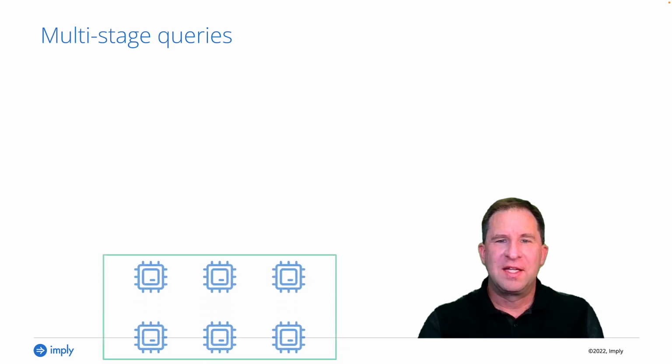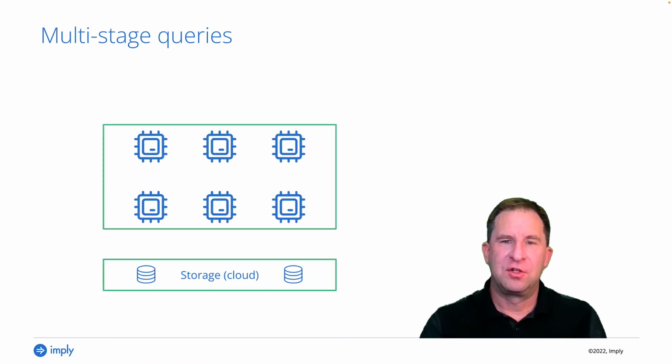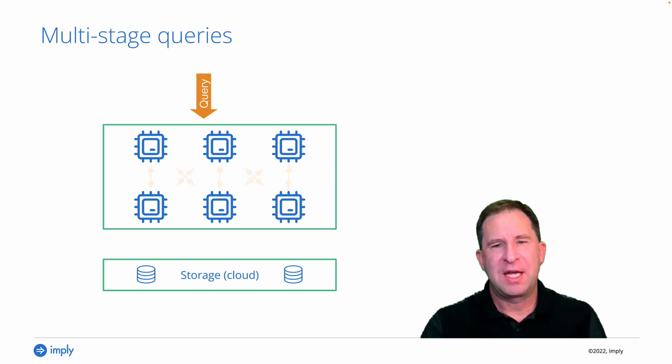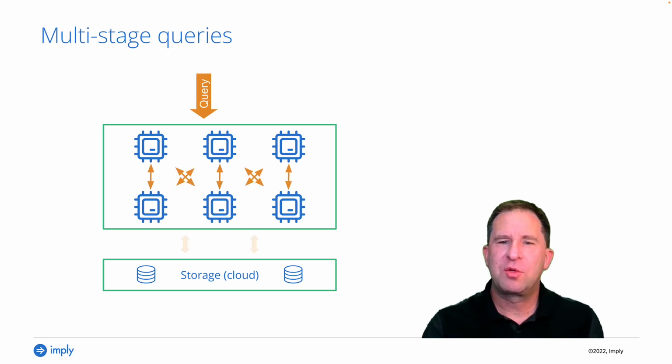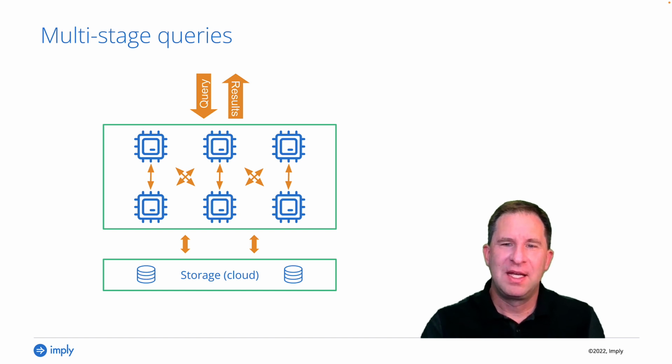If you have particularly long-running queries with large result sets, though, scatter-gather may not be the best approach. This is why in 2022, we are adding another query engine to Druid that will improve its ability to do long-running queries that have huge result sets. It will use a shuffle mesh algorithm that breaks large queries into stages for highly parallel processing. Incidentally, we call it the multi-stage query engine.